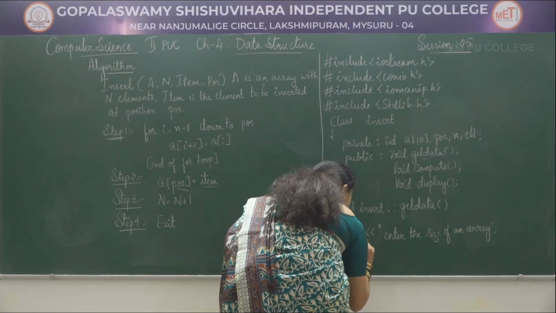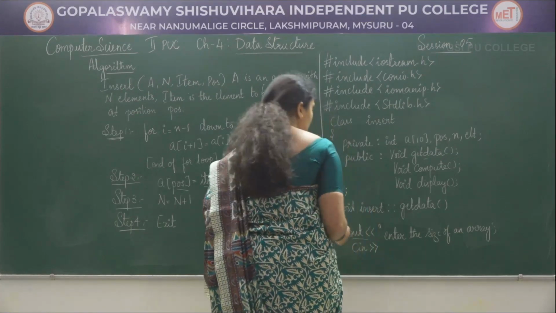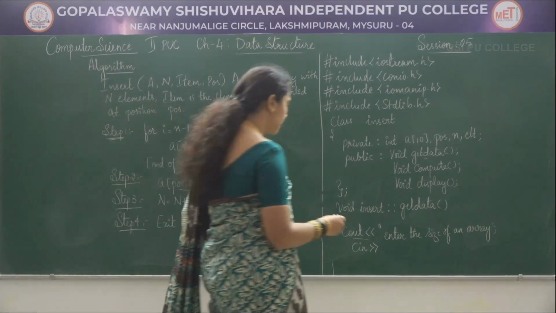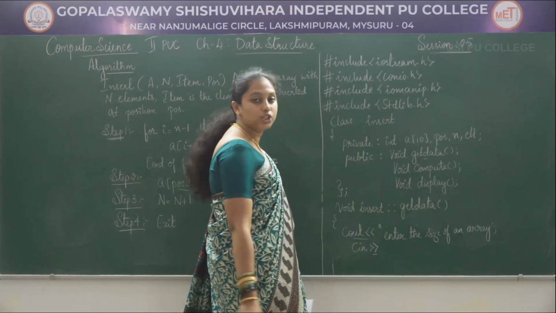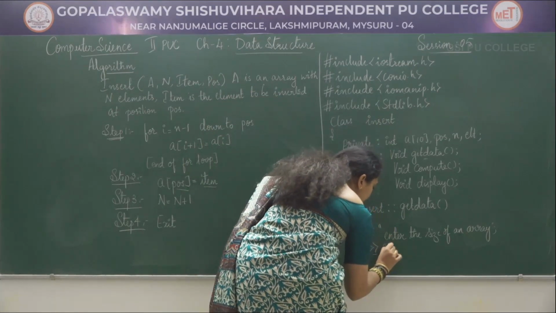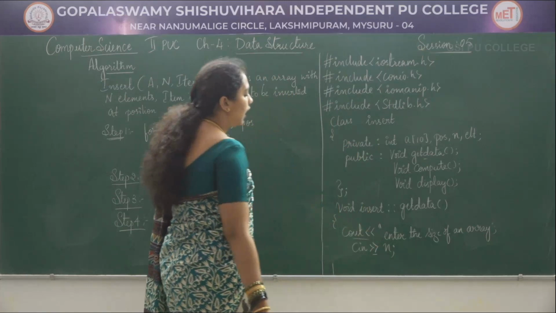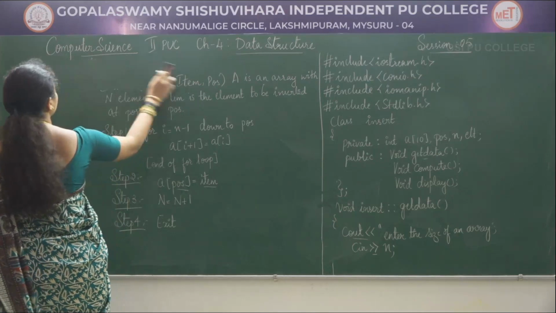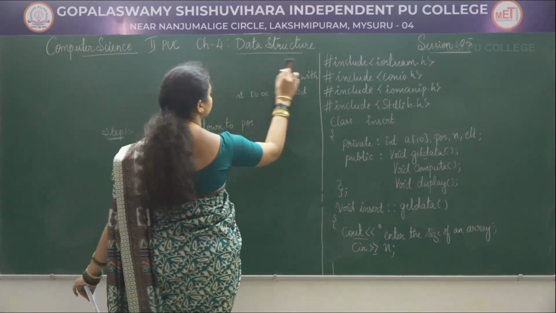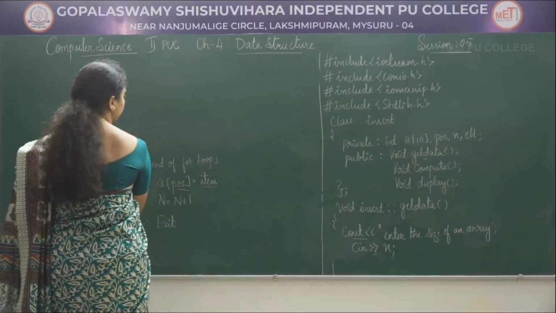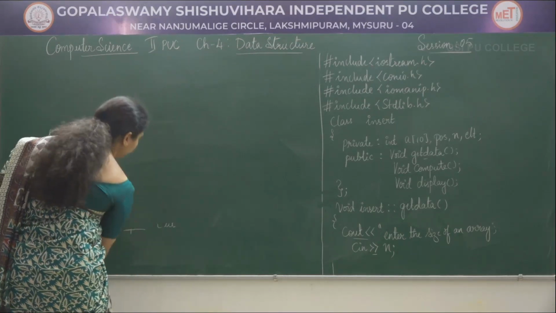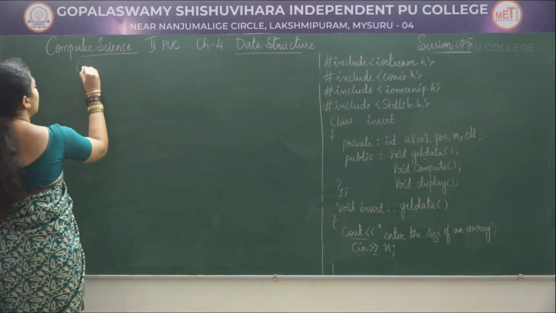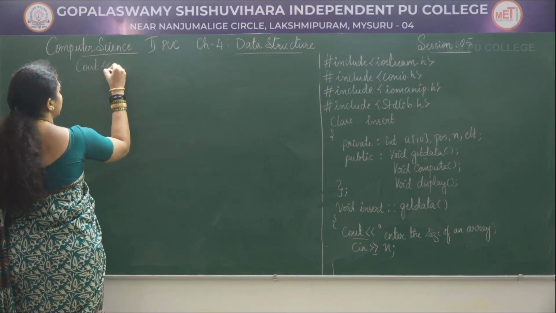Using cin is used to read the data from the standard input device. So this is our extraction operator. So what is the size of the array? The size of the array is n. Next, we have to accept the array elements.